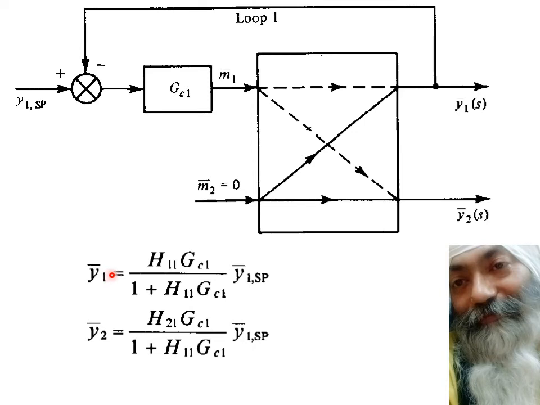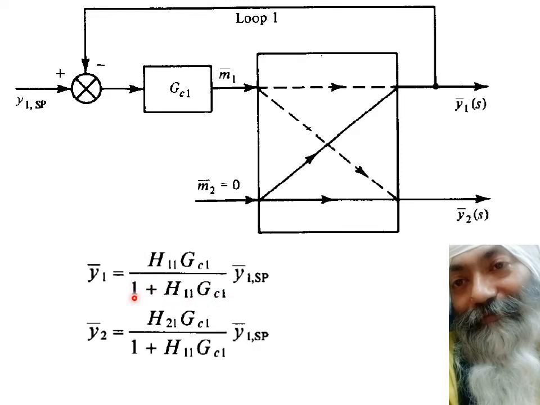It is quite understandable. Y1 is equal to h11 into gc1 divided by 1 plus h11 gc1. So this as such is what is expected in case of a regular control loop also, wherein this denominator gives the stability of the equation.